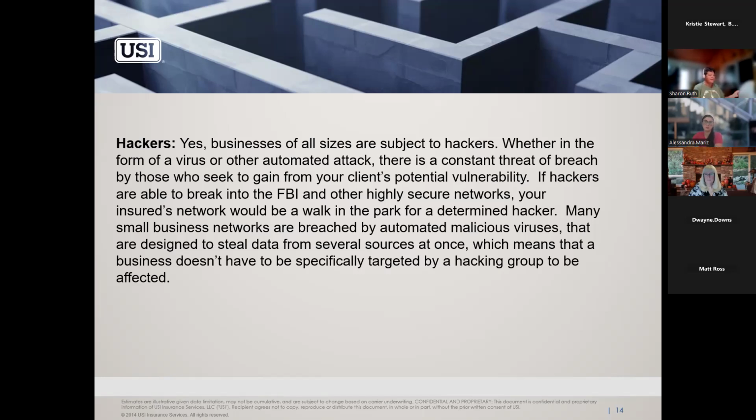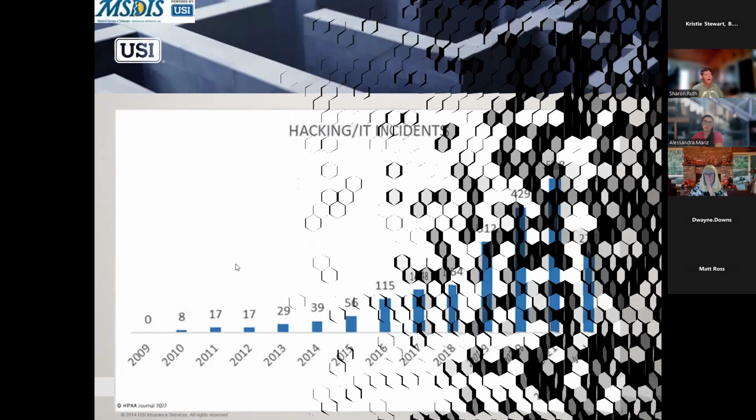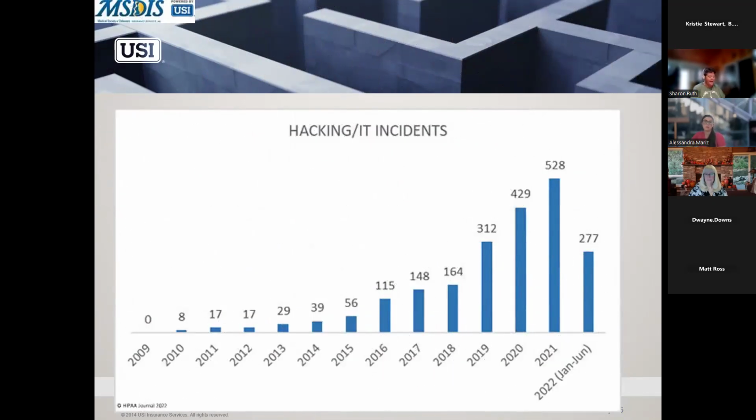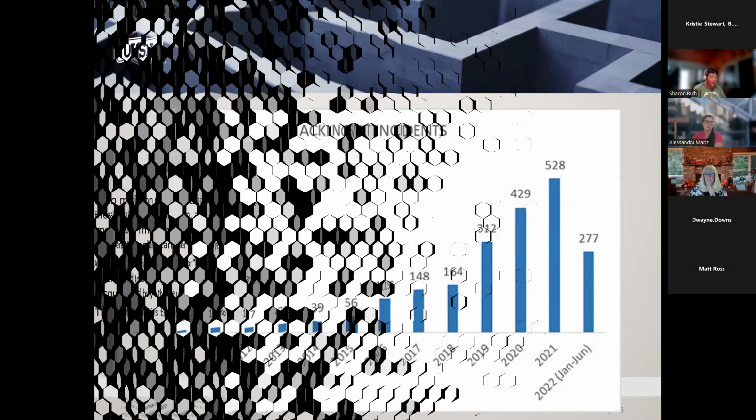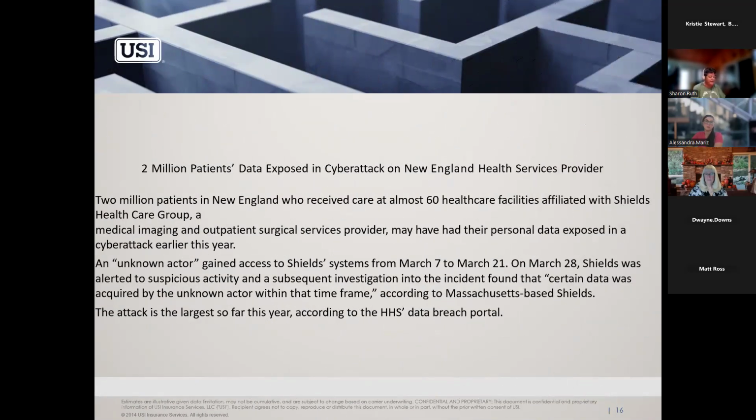Next slide, please. This one is just, again, some fluff letting you know about hacking incidents. The next slide is telling us about a cyber attack on a New England health services provider, and 2 million patients of this healthcare facility were impacted. Next are some claims examples.